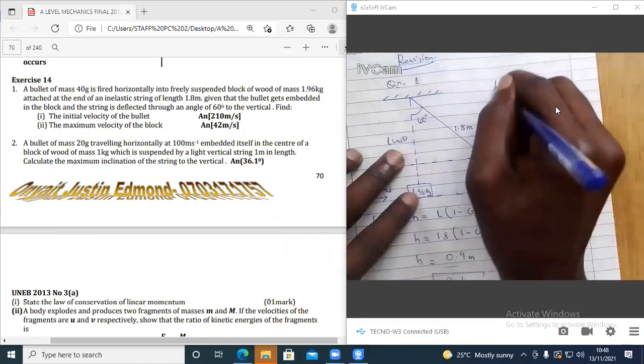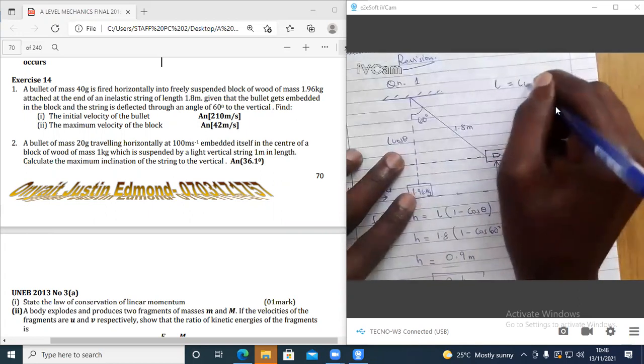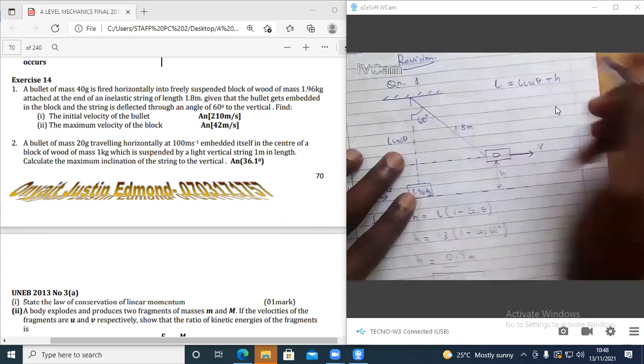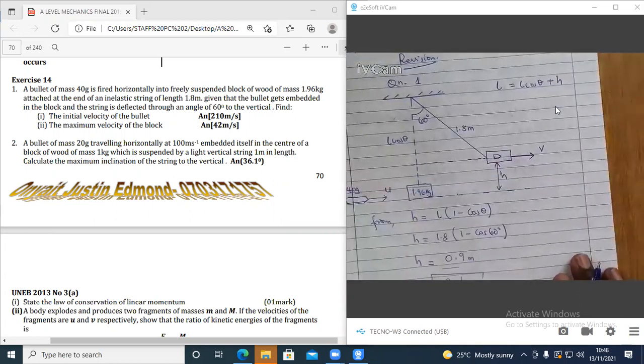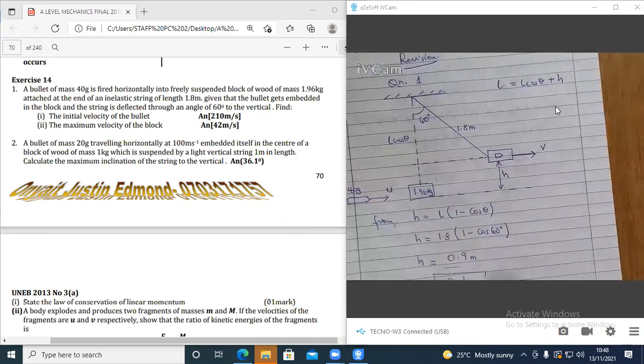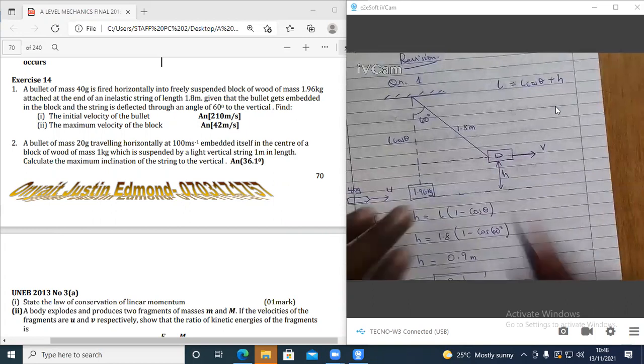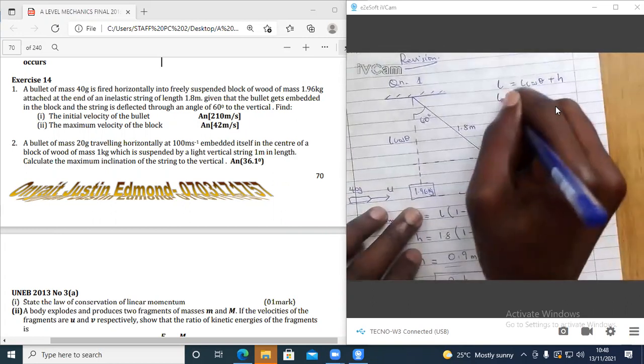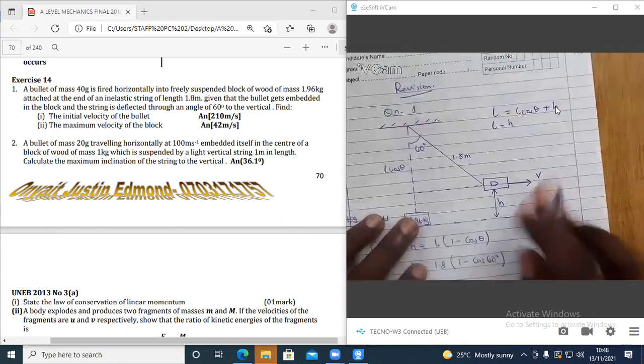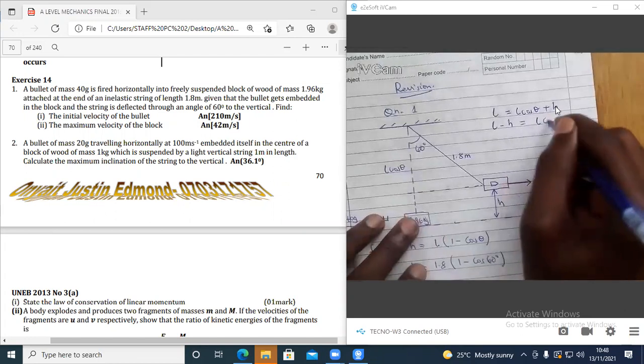Then we said the length L is equal to L cos theta plus H. Then just play around with that. So which means we shall have L minus H equals L cos theta.